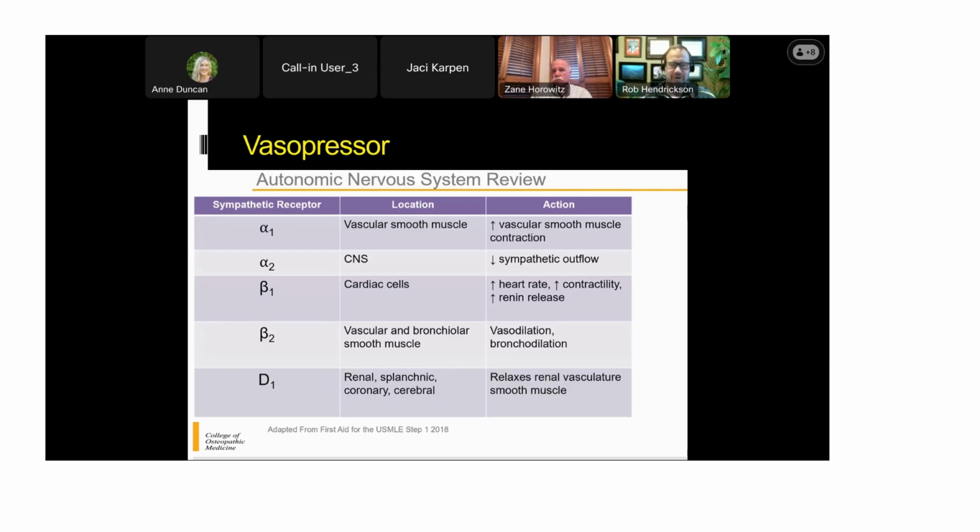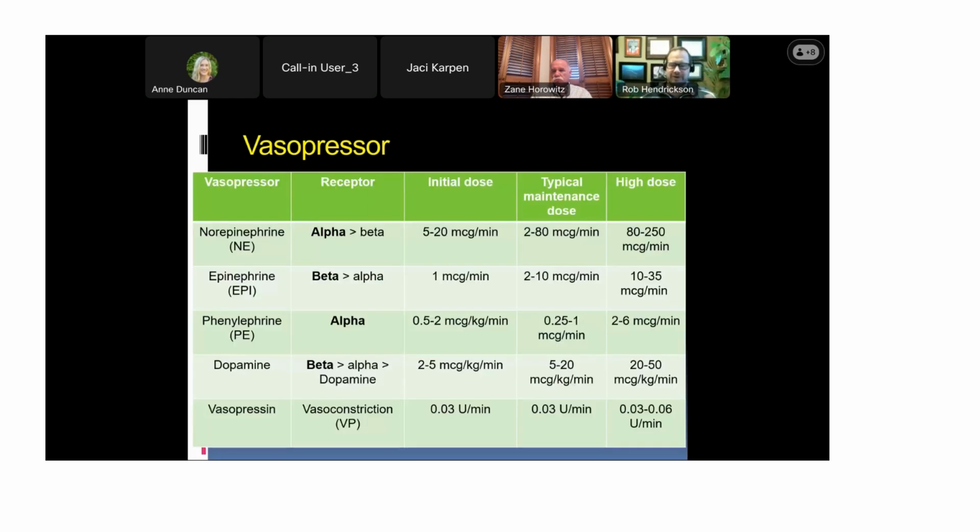But we don't use renal dose dopamine anymore because it probably doesn't work for that. So now let's convert these receptors to vasopressors, and then we can figure out what we would give for any particular patient.